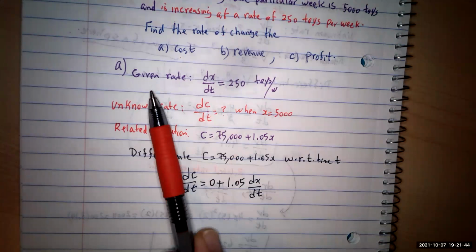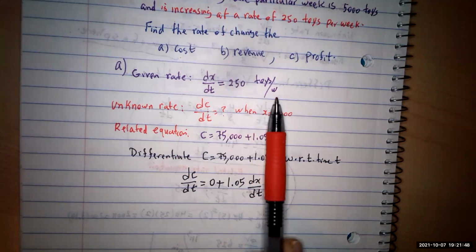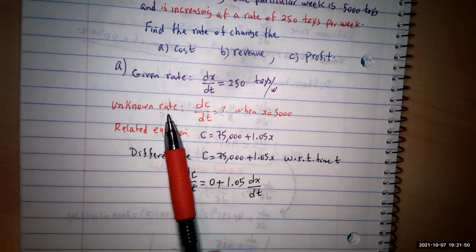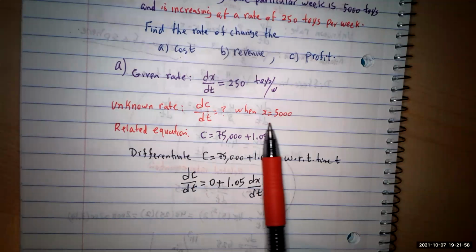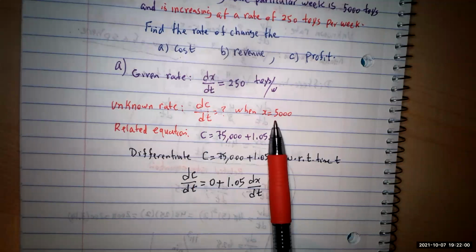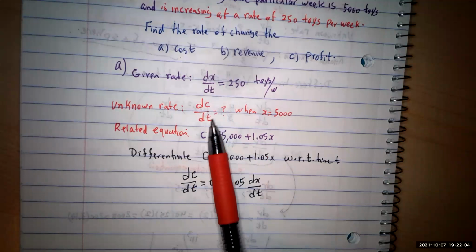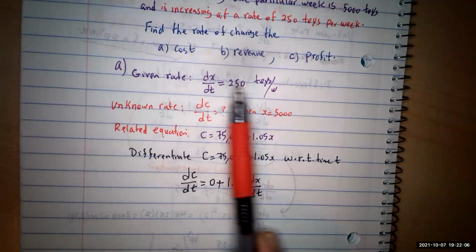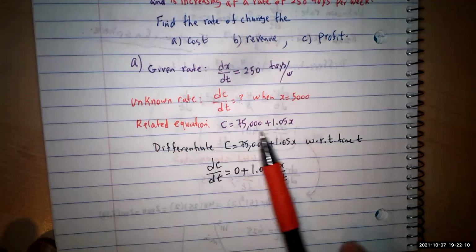In this problem, the given rate was the rate of the production, 250 toys per week. The unknown one is the rate of the cost. So dc dt is missing, and you want it at the level of production of 5,000 toys. You have to connect the c and the x together as an equation, and the equation is given to you. That's the cost equation.